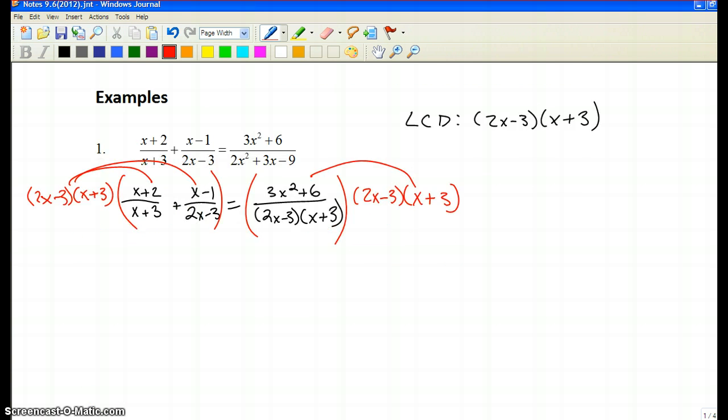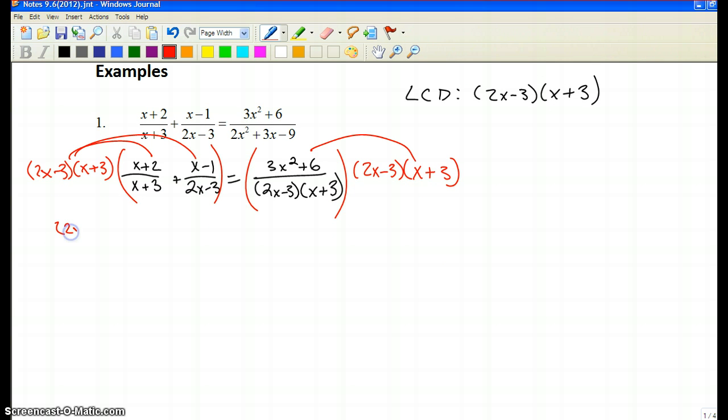The long way, when we write out all of the steps, which you can do if you're struggling with this and not understanding it, is multiplying the first fraction times the common denominator, multiplying the second fraction times the common denominator. I'm writing it over 1 so that you can see that it is in fact itself a fraction.